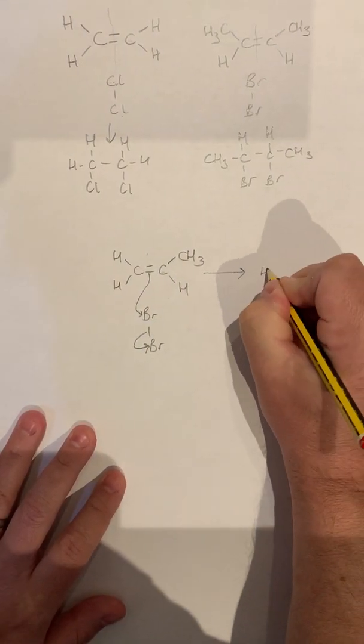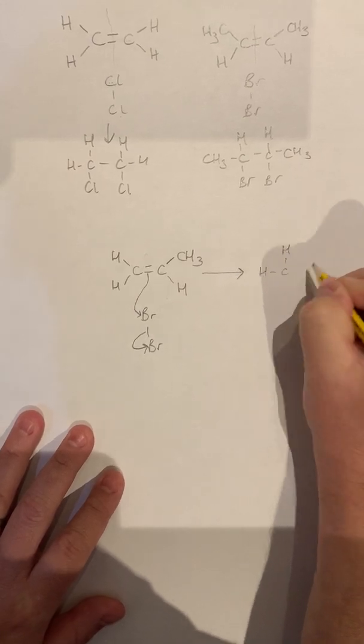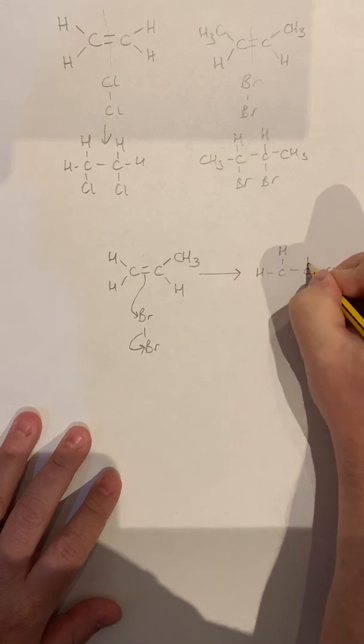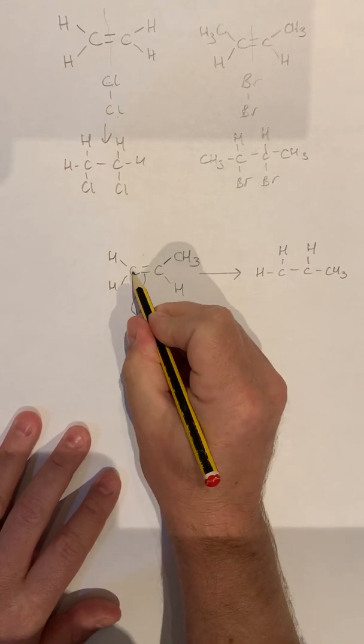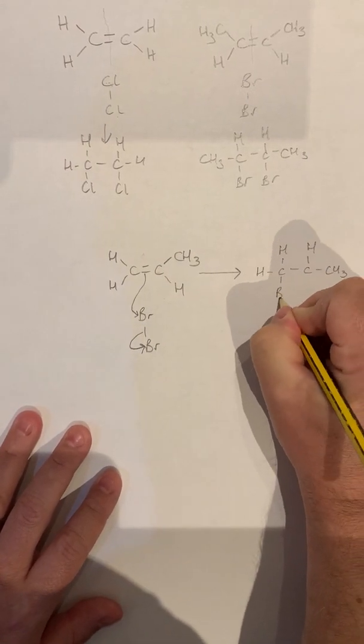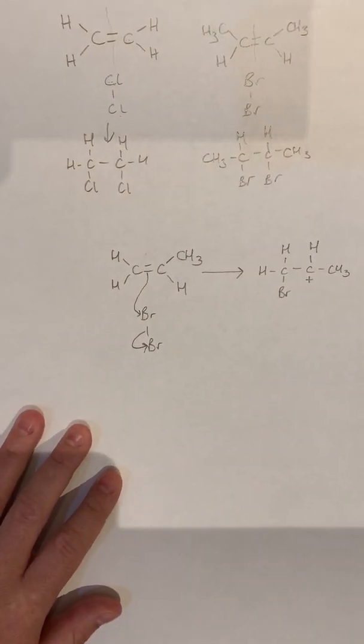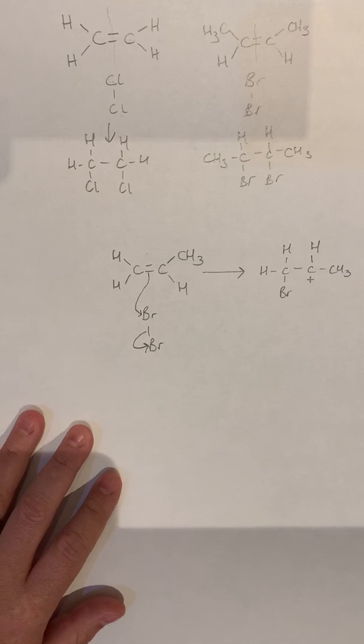Now the first option is if I put it on the first carbon. That makes that as the carbocation intermediate.